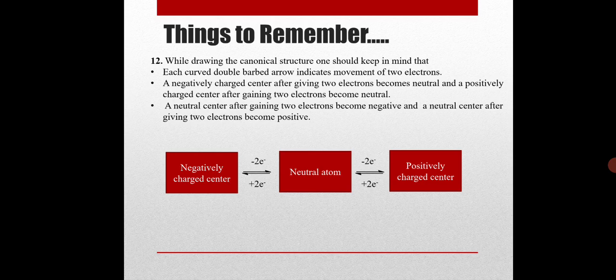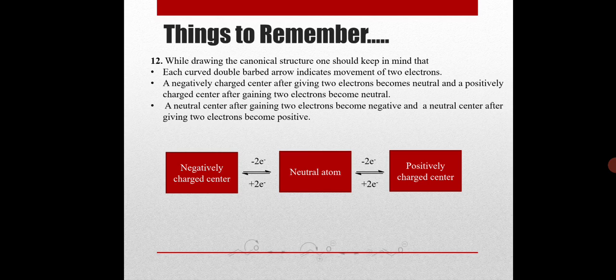Therefore, a negatively charged center after giving 2 electrons becomes neutral, and a positively charged center after gaining 2 electrons becomes neutral. A neutral center after gaining 2 electrons becomes negative, and a neutral center after giving 2 electrons becomes positive.